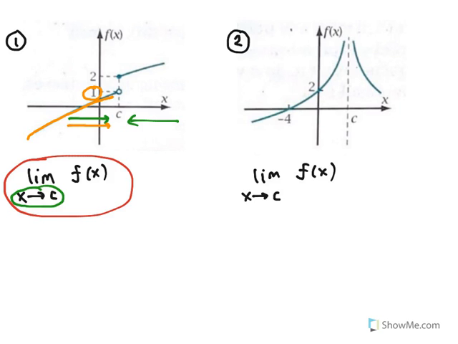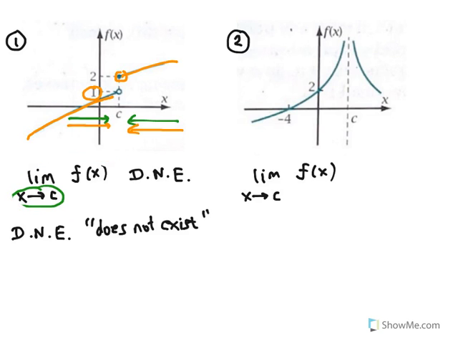But if the input values are approaching c from the right, the output values are approaching 2. Because the output values are not approaching a single number, we say the limit does not exist. So that is one way in which a limit may fail to exist. As the input values approach c from both sides of c, the output values are not approaching a single number.